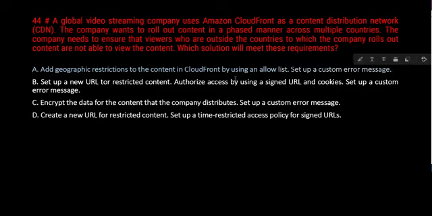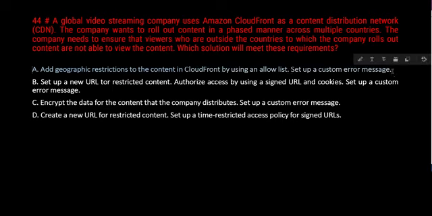Because just by a user logging in, you cannot decide whether he has access to particular content, because we won't know which country he is from. If he creates the account saying some other country, we won't believe it blindly, right? So instead, you would use the geographic restrictions of the content in CloudFront by using an allow list.